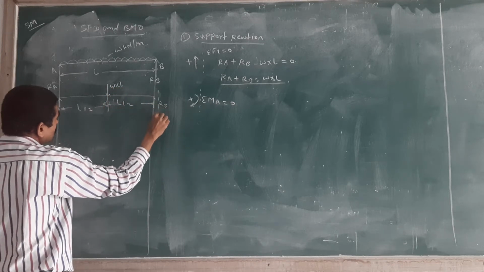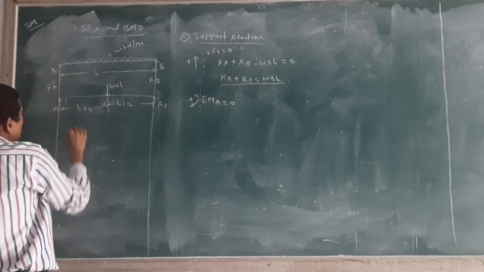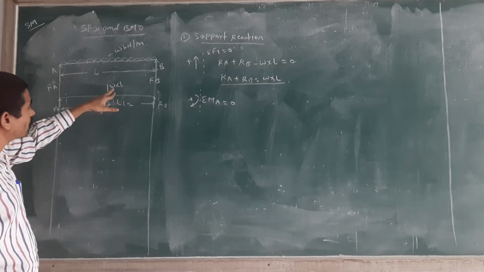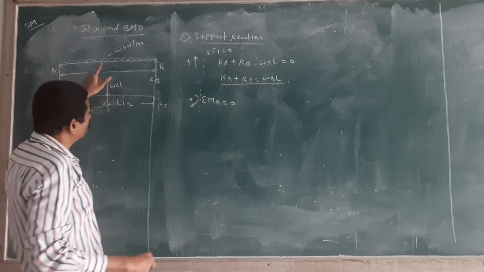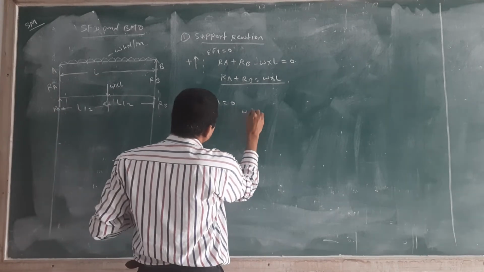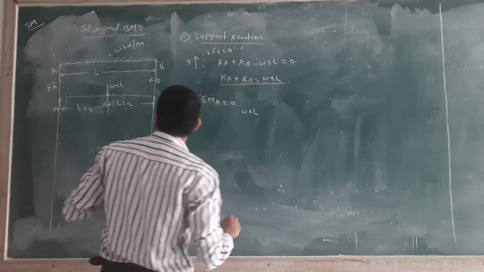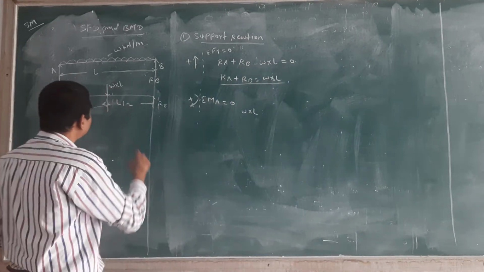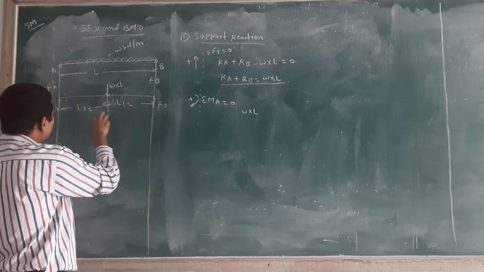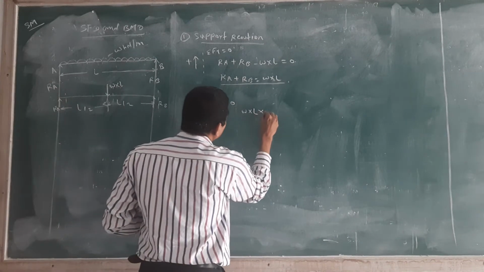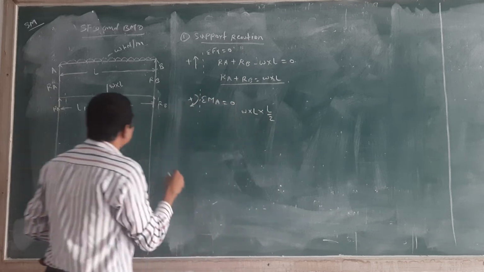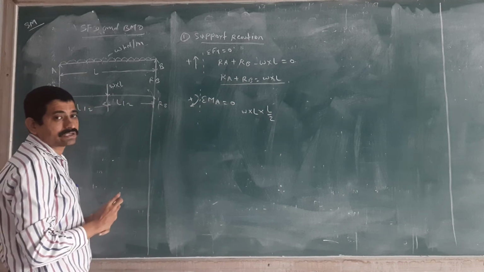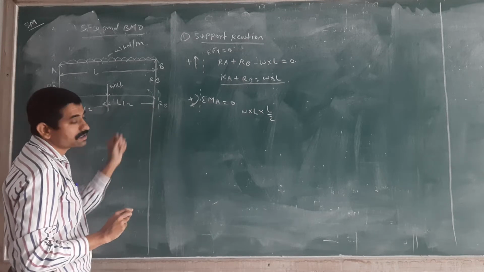If you consider the section after the point load, check that this is going in the clockwise direction. How much force is applied? W into L. Moment is force into distance. The force is W into L, into L by 2. Then check that this force is going in the anti-clockwise direction, that's why you have to consider it negative.